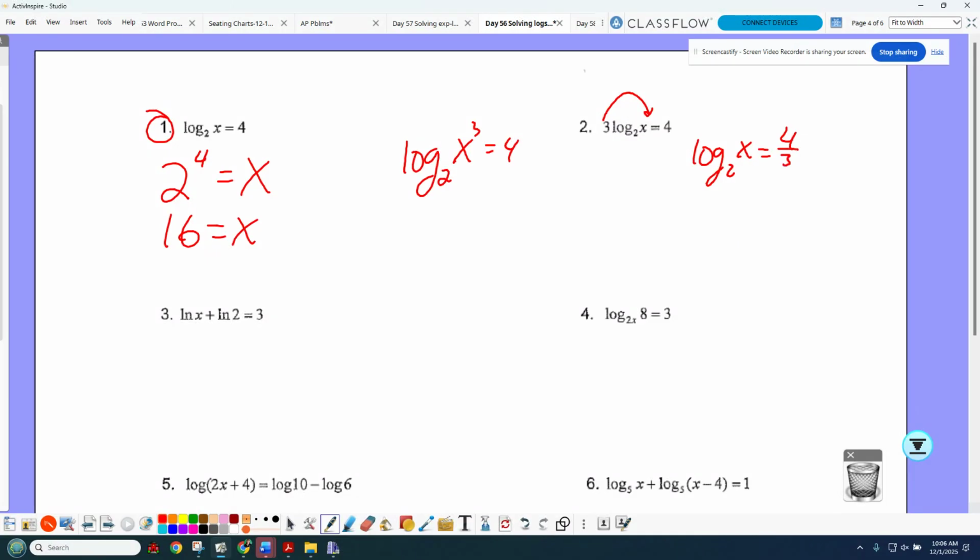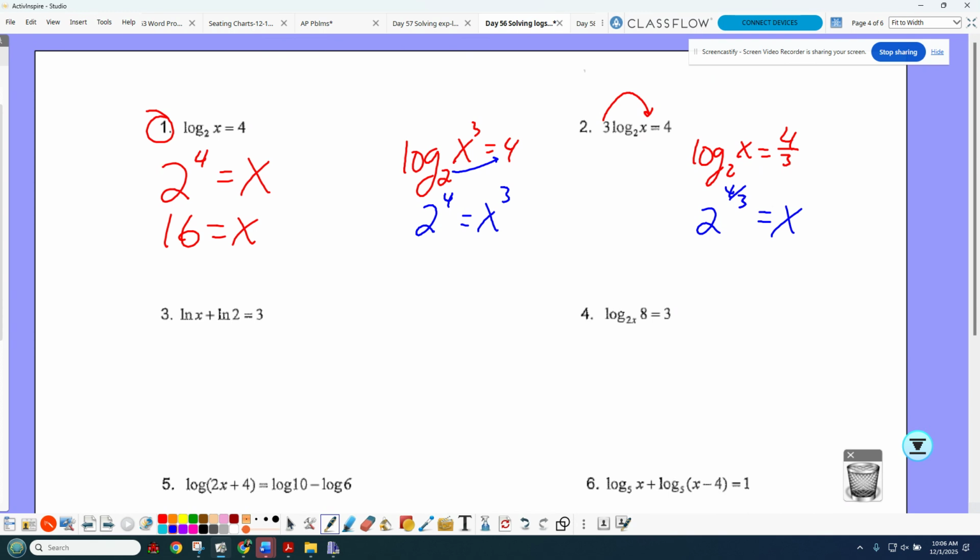Okay. So different choices. Now if I do the left side that Jonathan suggested, I'm going to do Dylan's thing. He for this problem said it's 2 to the 4 equals the stuff inside. And then this one, 2 to the 4/3 equals x.